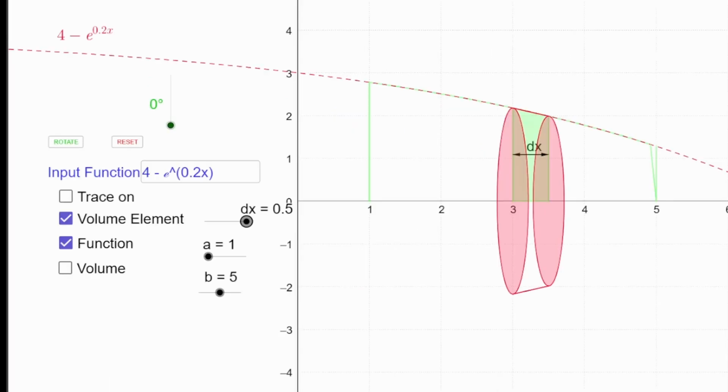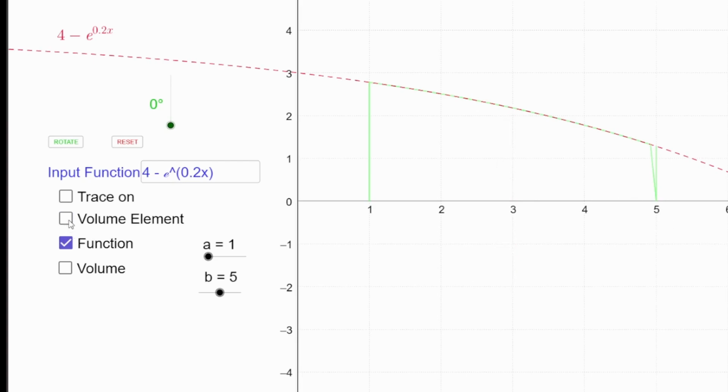So here's our function once again, y equals 4 minus e to the 1/5 x, or 0.2x in this case, and you can see our little volume element with thickness dx, exaggerated. We shrink that right down to a very small disk, and integrate between x equals 1 and x equals 5.